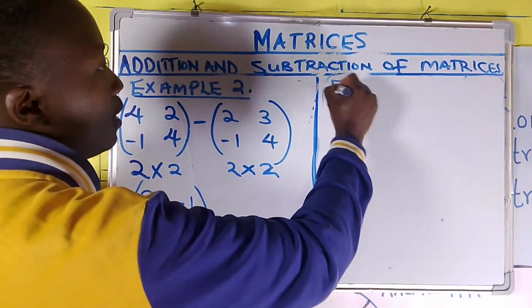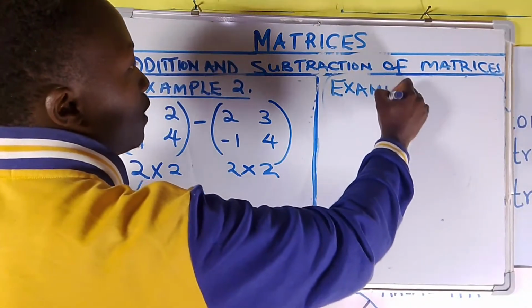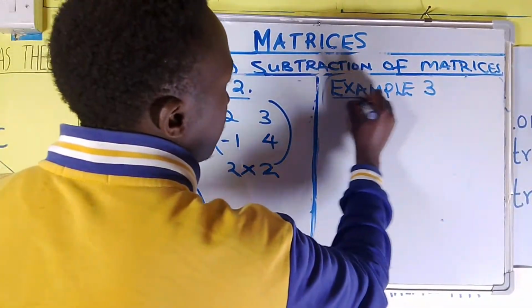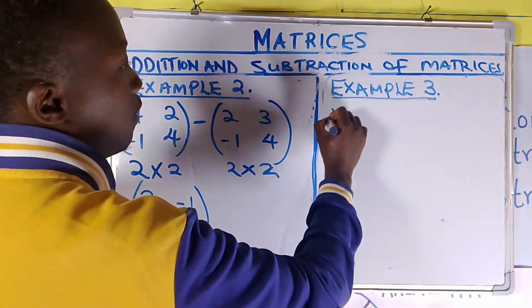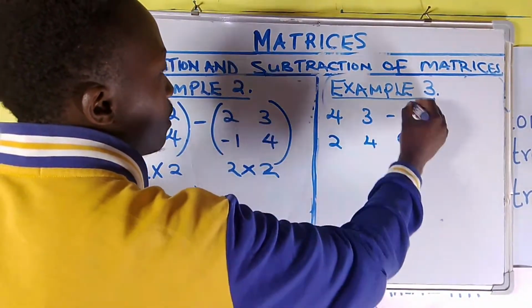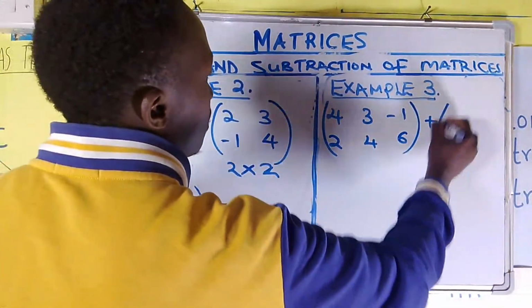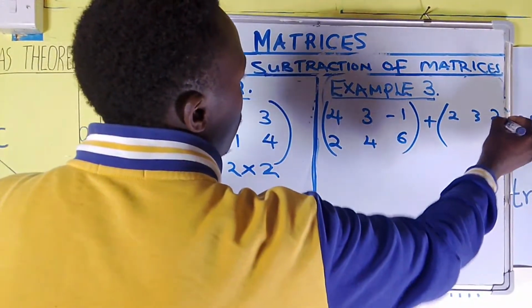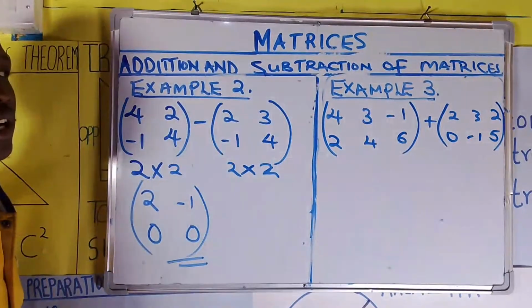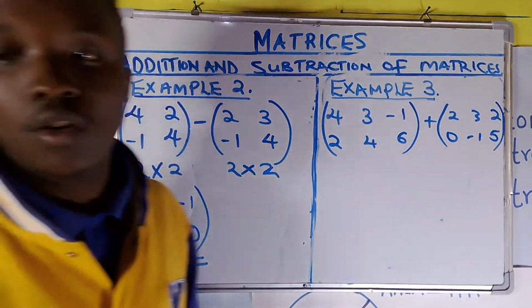So example 3, let's have another one of different order. 4, 3, negative 1, 2, 4, 6 plus 2, 3, 2, 0, negative 1, 5. Let us have such of different order.